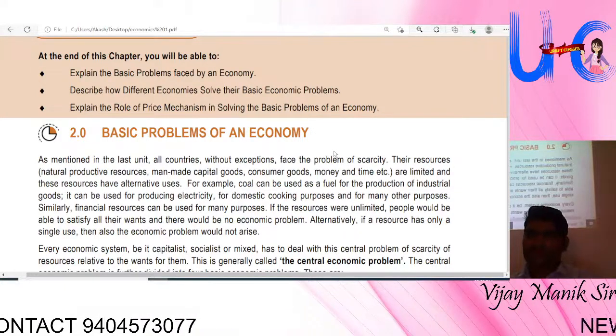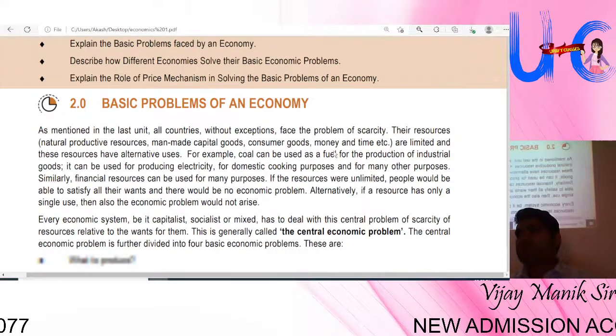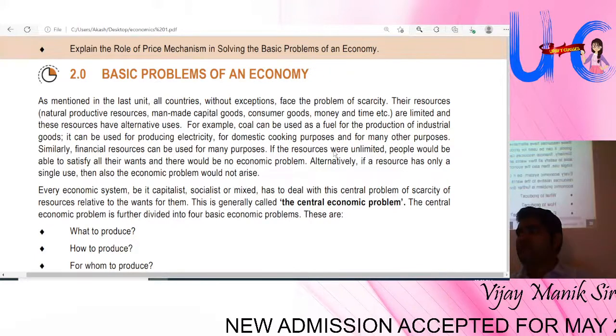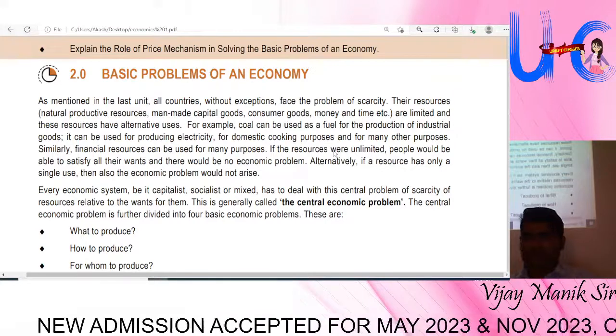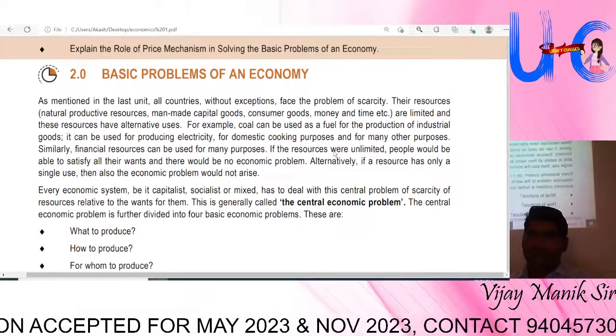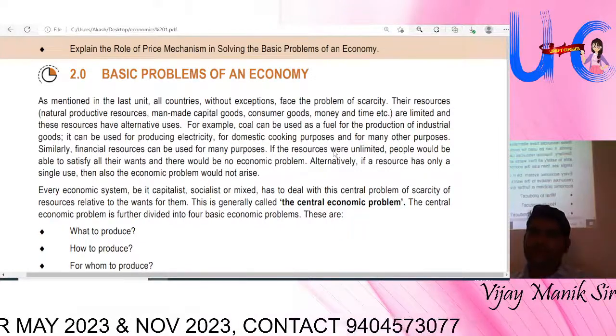Is that clear? Okay, now capitalist economy. I will just tell you what is capitalist economy and what the important merits of capitalist economy are. Capitalist means what? What is capitalist economy?